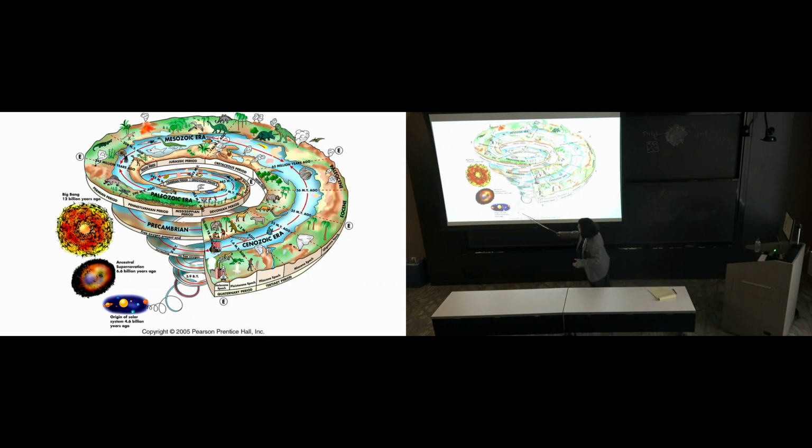The solar system itself formed something like 4.6 billion years ago. As we were talking about today, our sun, our solar system, was not one of the very early solar systems, because those stars only had the hydrogen and helium from Big Bang nucleosynthesis.